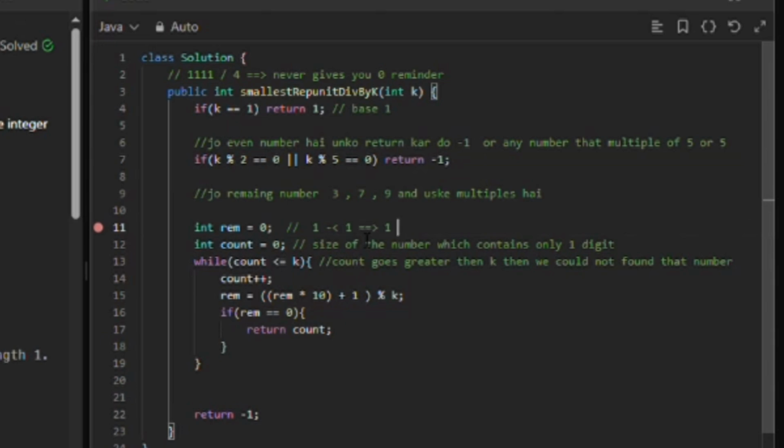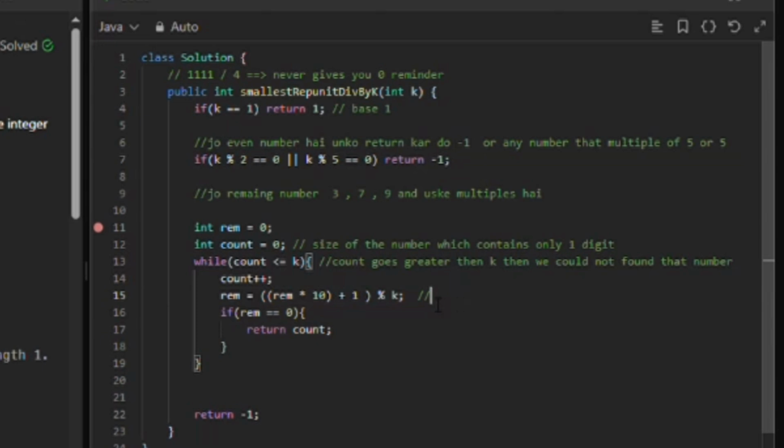If we multiply by 10 and add 1, it gives 11, and again multiply by 10 plus 1, it gives 111, and so on. We have to store that, but it also may not fit into a 64-bit integer.